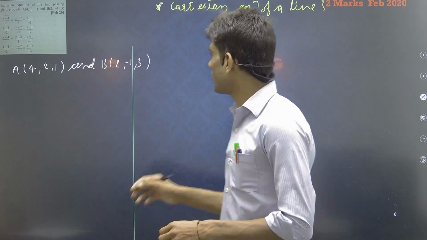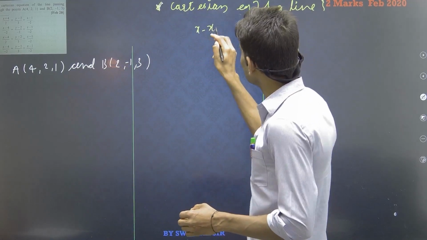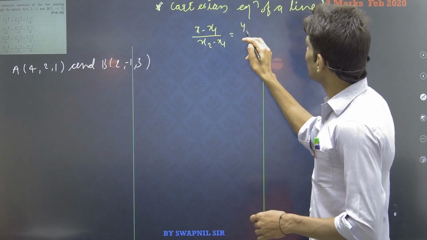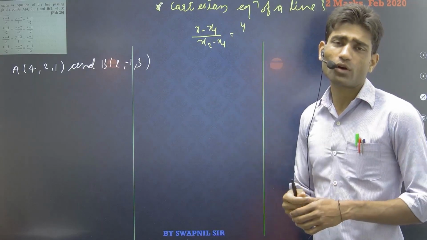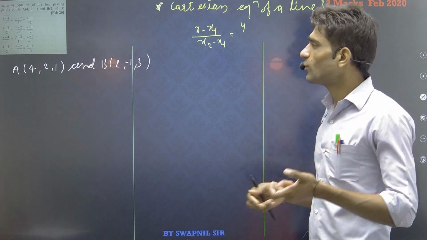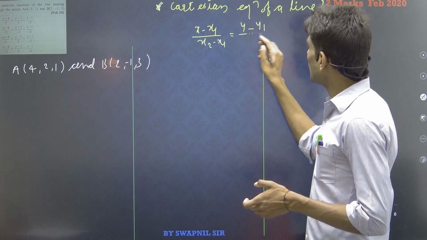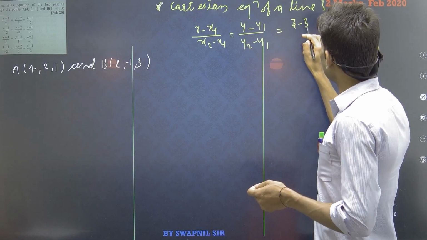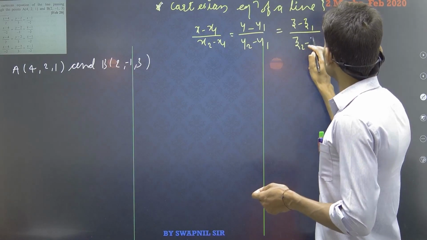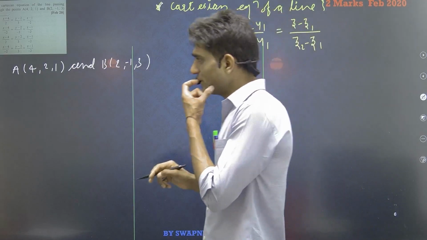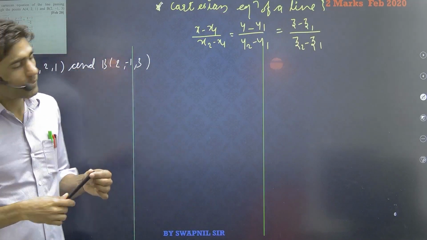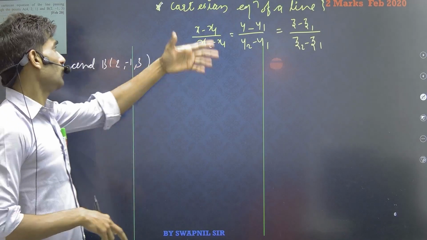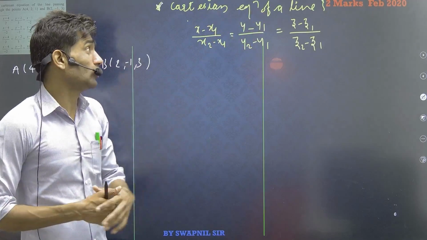We want all these values here, which form the Cartesian equation of a line.